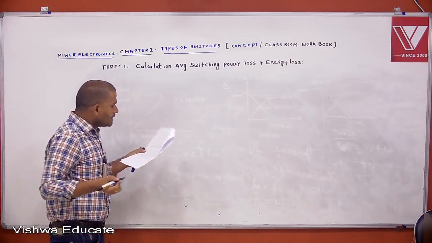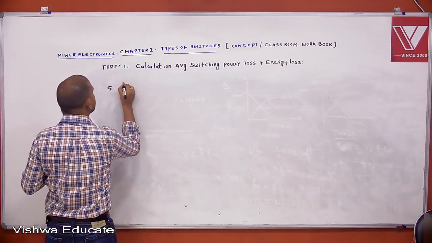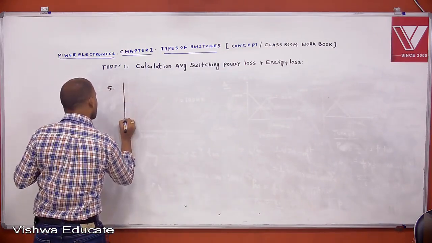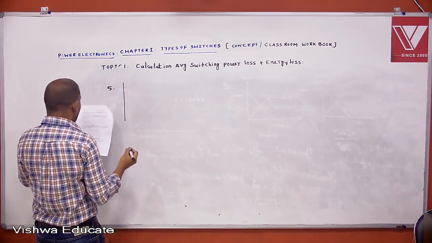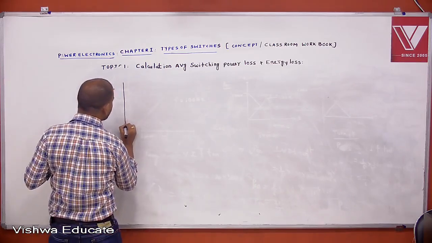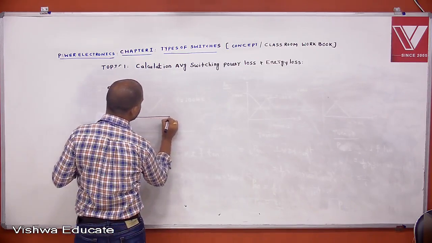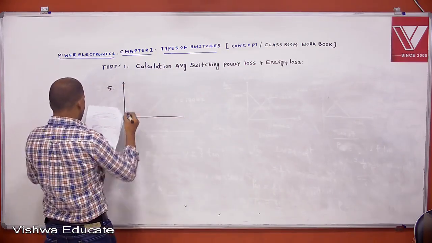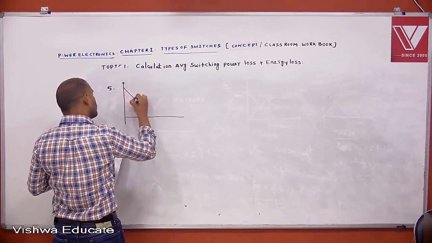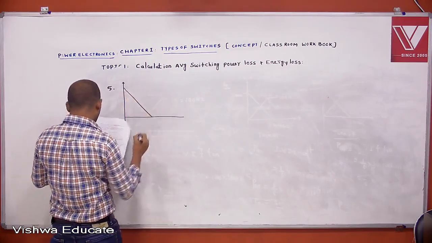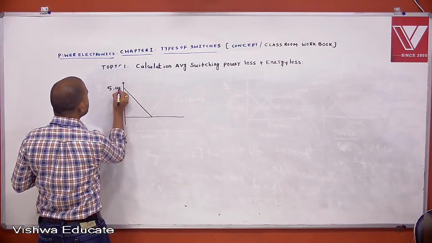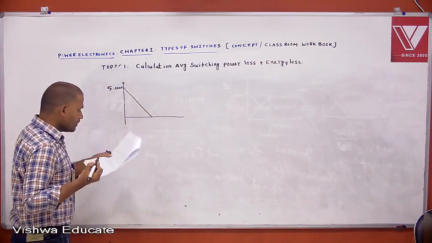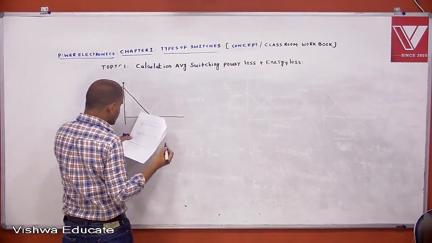The characteristics are given like this. Here voltage and current characteristics are separately given. This is voltage falling, that is 120 volts. Then current is rising.